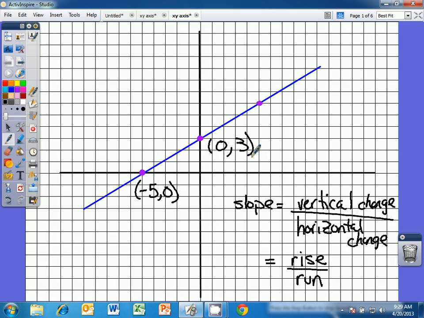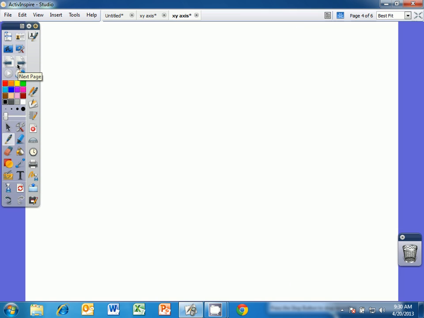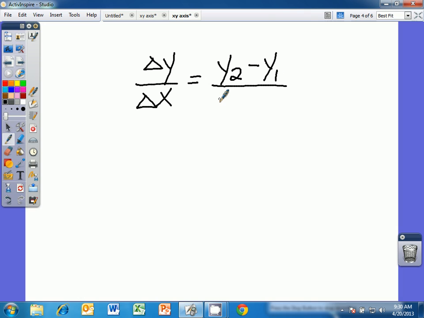I can algebraically solve this as the change in y over change in x is equal to the y coordinate of point 2 minus the y coordinate of point 1 divided by the x coordinate of point 2 minus the x coordinate of point 1.